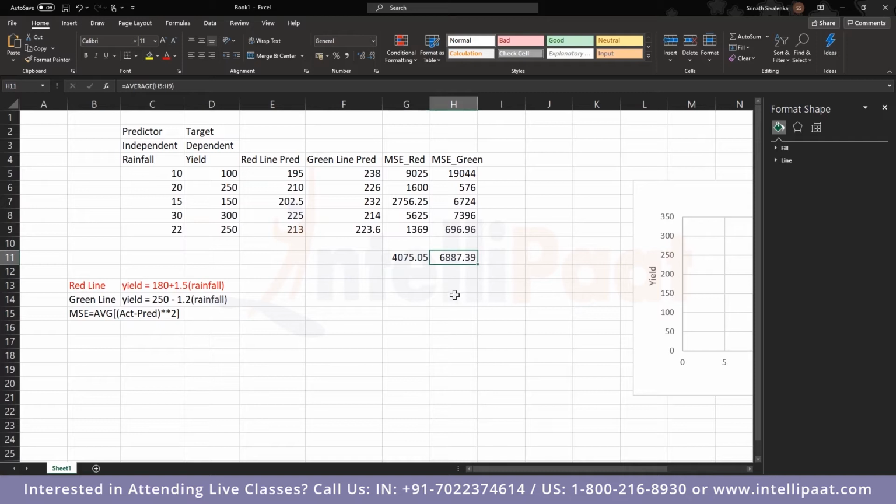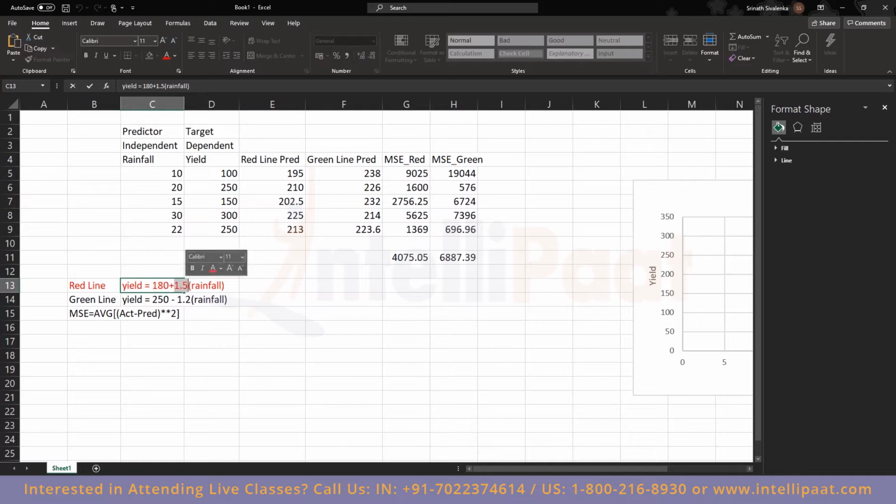the whole point is that if I keep trying like this, there are infinite possibilities of M and C. There are infinite possible values of this 180 and the 1.5 or 250 or 1.2. Logically speaking, because these are continuous values, there are effectively infinite possible values that I can get to. So where is the end? How do I find the best possible values of these two?